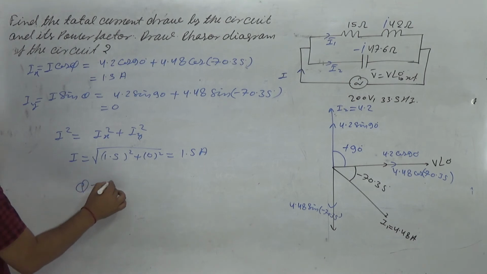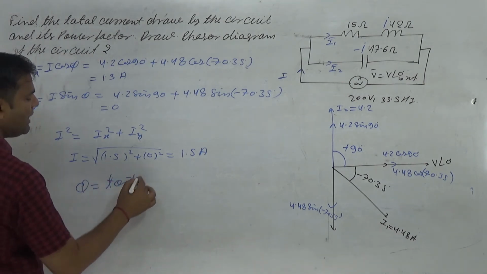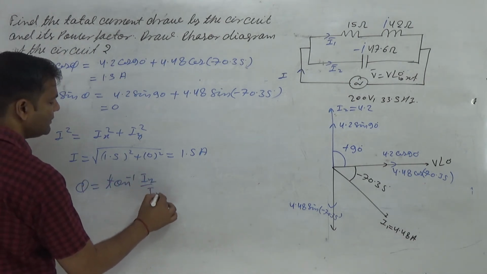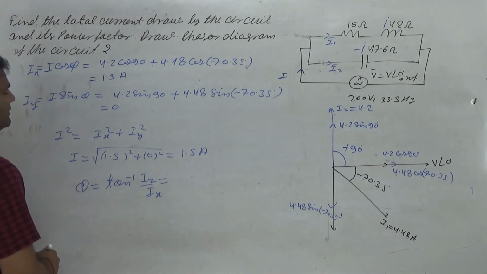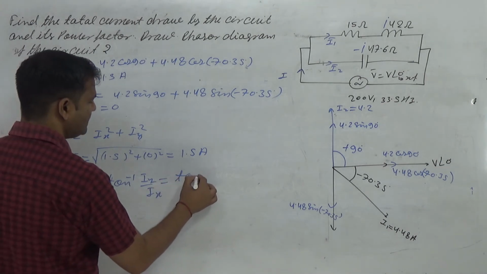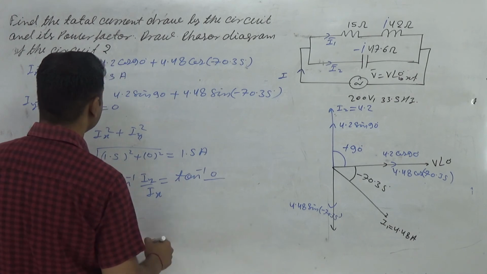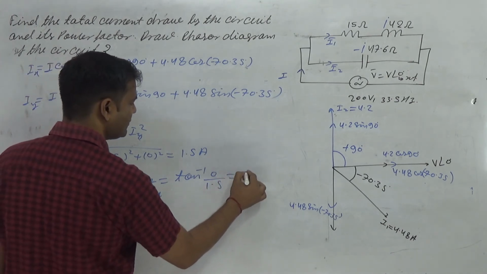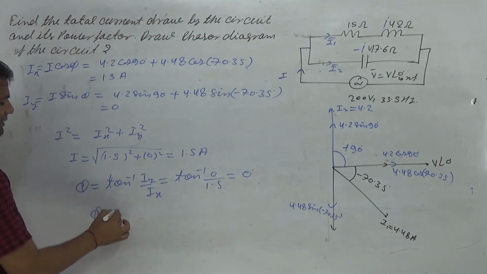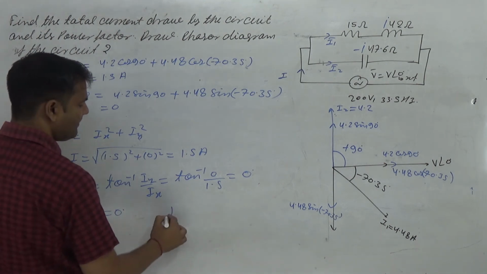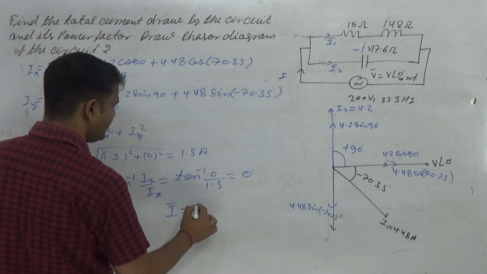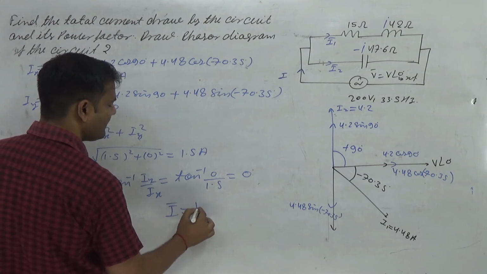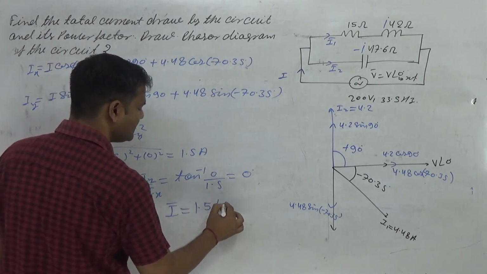Phi is equal to tan inverse of Iy divided by Ix. So tan phi is 0 divided by 1.5, that is tan 0. So phi is 0 degree. So I is 1.5 at the angle 0 degree.